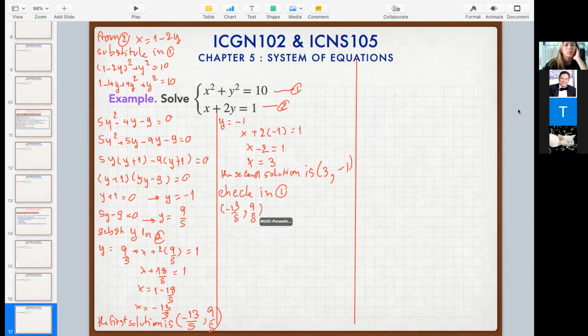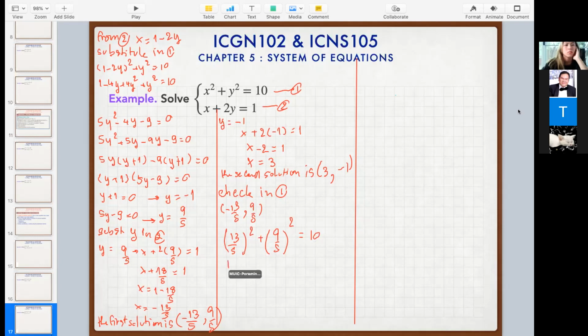In this one we get (negative 13 over 5) squared plus (9 over 5) squared equals 10 or not.